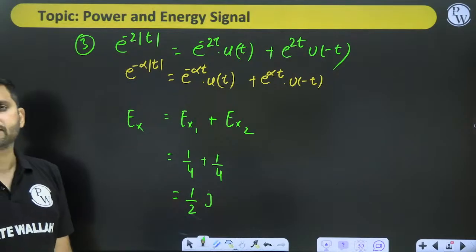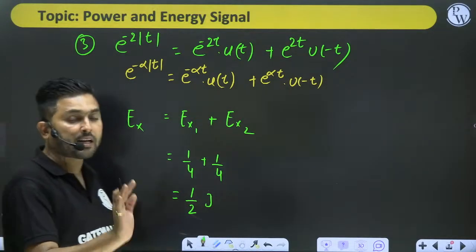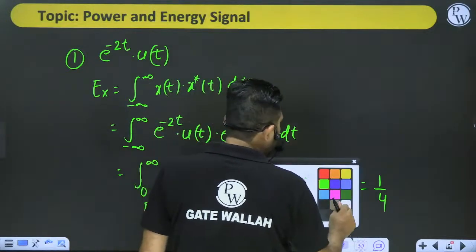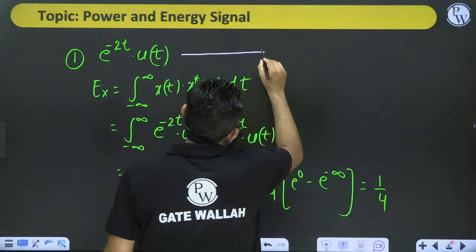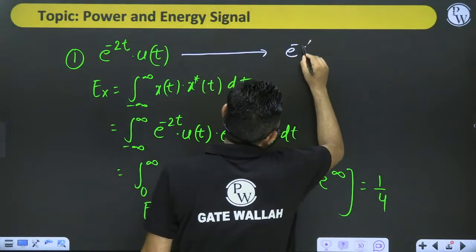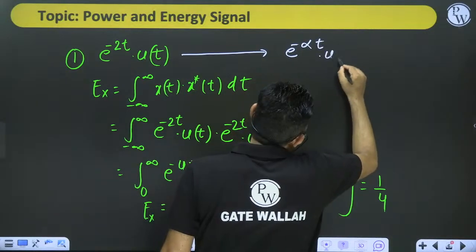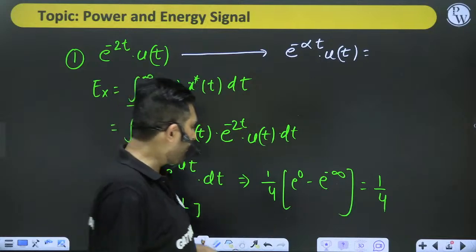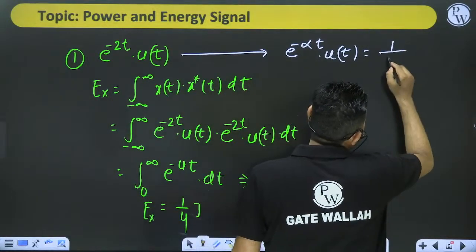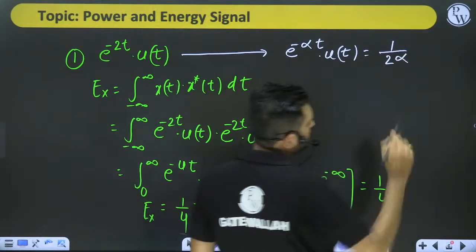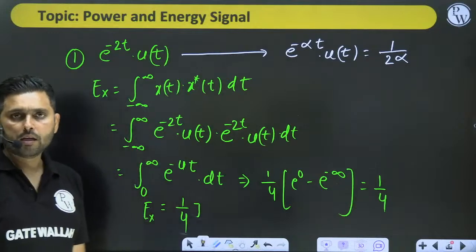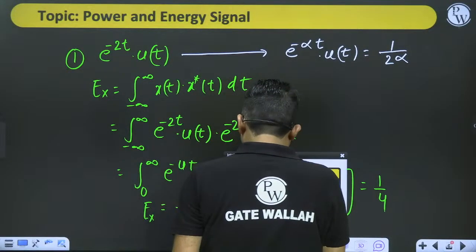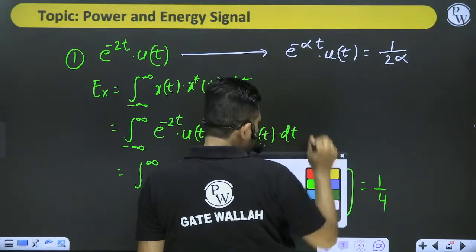But let us summarize this. Let us generalize this. If it was e to the power minus alpha t u(t), the energy comes out to be how much? Directly I will write, it is 1 by 2 alpha.